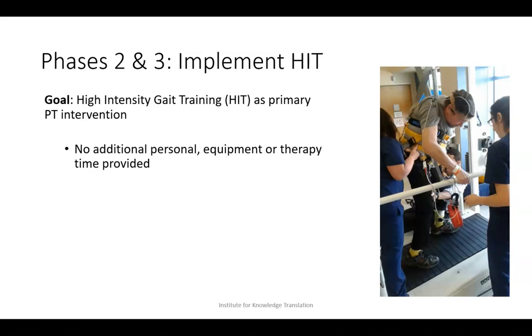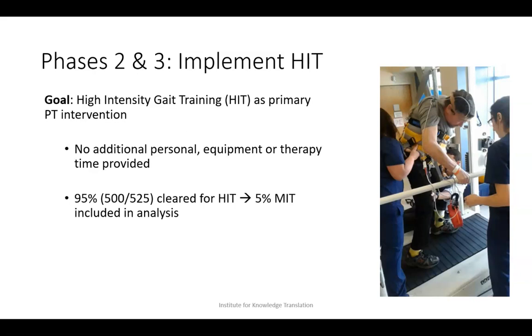So there weren't more aids, they didn't get new treadmills or other sorts of harnessing systems. The patients didn't get an extra 30 minutes of therapy to do this. The idea was that this was something different that the therapists were doing with the time that they had with their patients anyway.